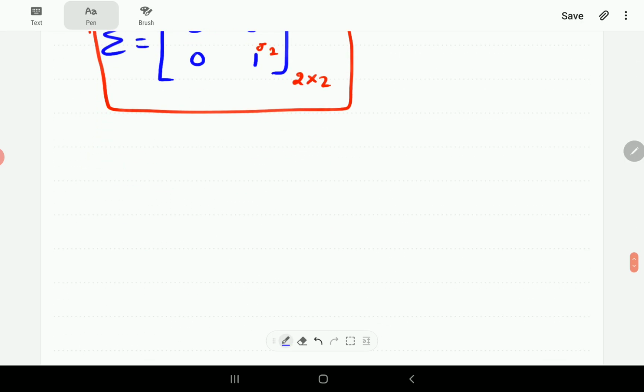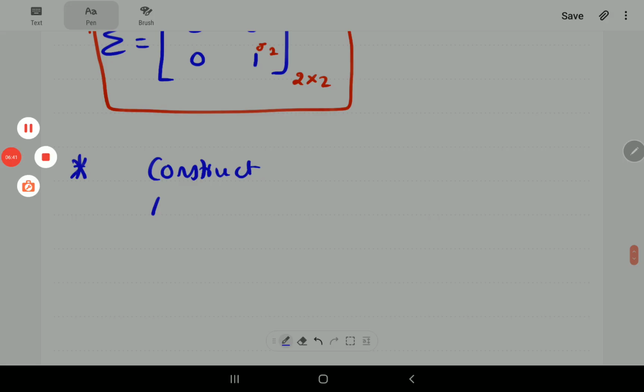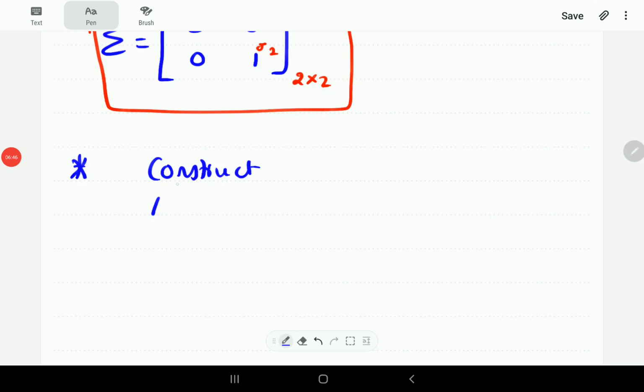So for U, to construct U, we want the important entities. We want u1 is A v1 upon sigma 1 and u2 is A v2 upon sigma 2.